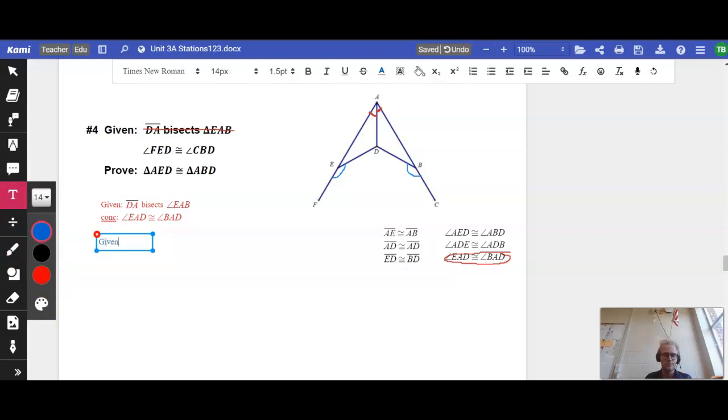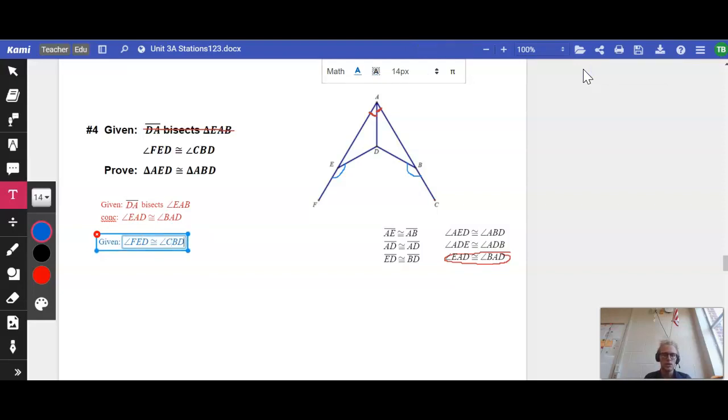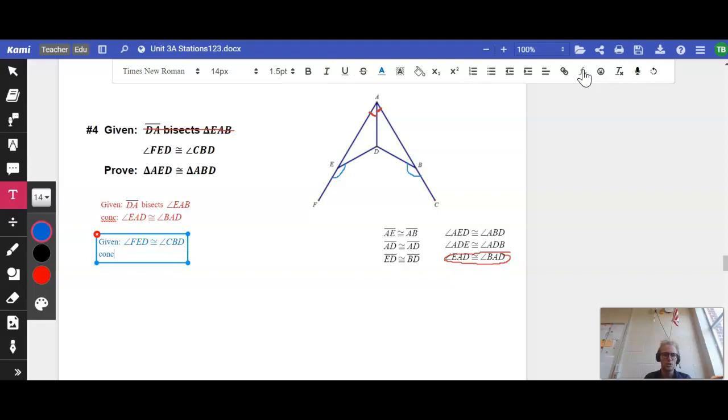Our given is that angle FED is congruent to angle CBD. Our conclusion will be, well, this angle is supplementary to AED, which is right here. This angle is supplementary to ABD, which is right here. So that's going to be our conclusion.